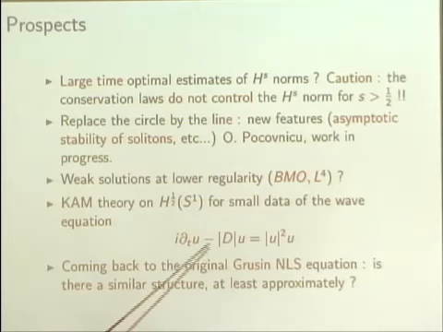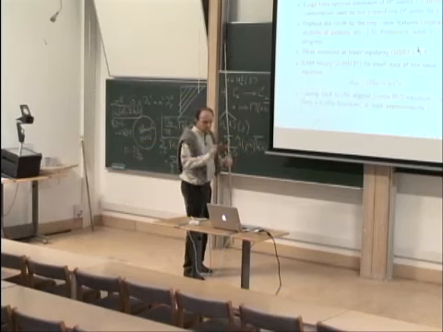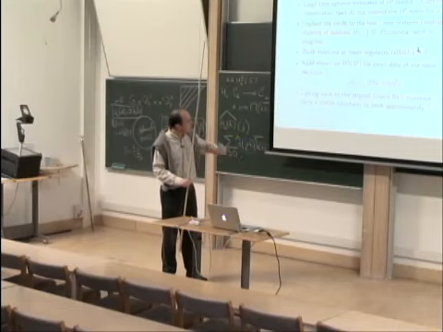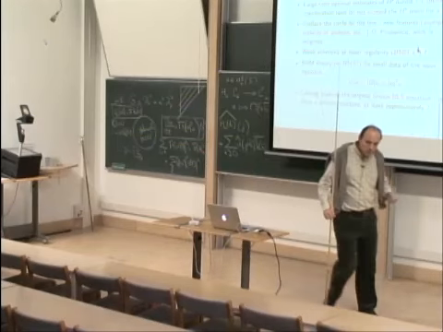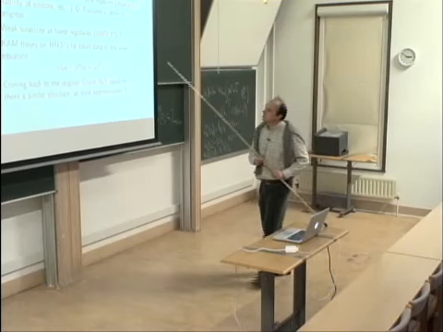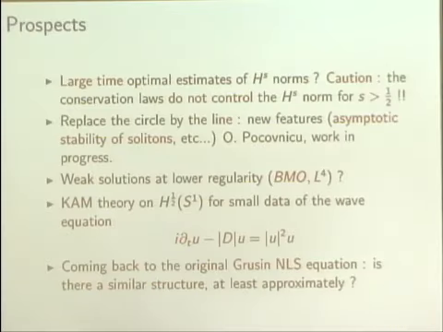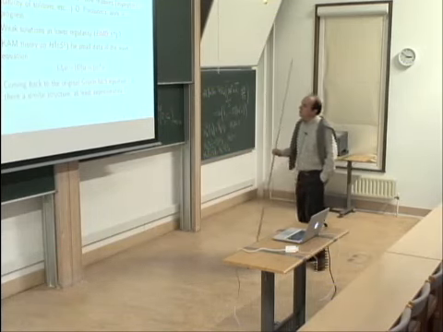And if you decouple that, you get, once again, a system of two transport equations with right-hand sides which are of that kind, Pi plus and Pi minus of |u|^2 u. And it turns out that you can prove that you have some decoupling for small data. And Birkhoff normal form theory gives you some hope that you could perform some KAM theory for that, which could be already a good step in the direction of solving such a degenerate nonlinear Schrodinger equation.